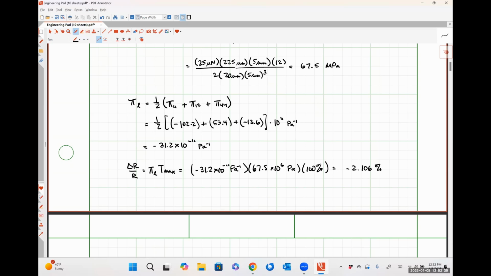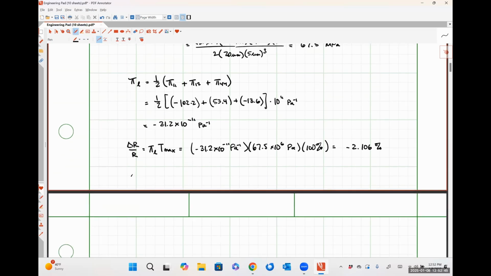For what it's worth, this absolute change in resistance, so we could find delta R, is just going to be pi L T max times R, where R is rho E L over A. And this would be the length of the piezo resistor and the cross-sectional area of the piezo resistor here.